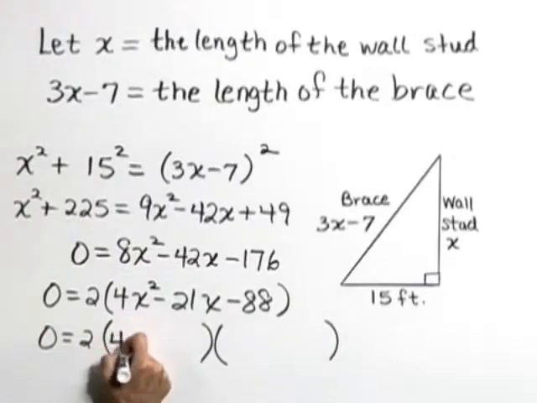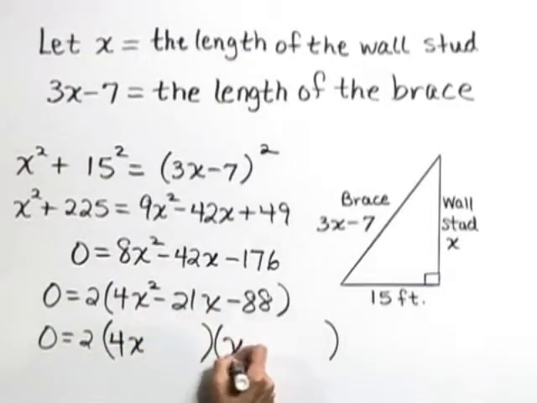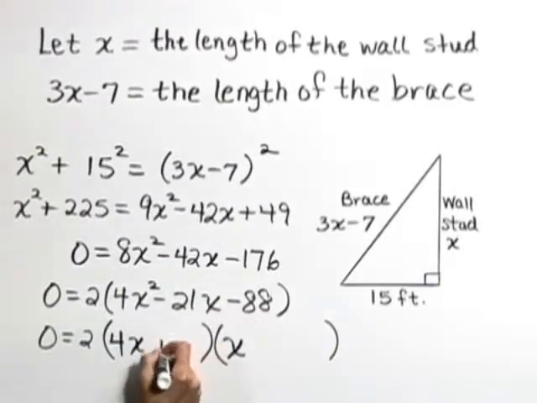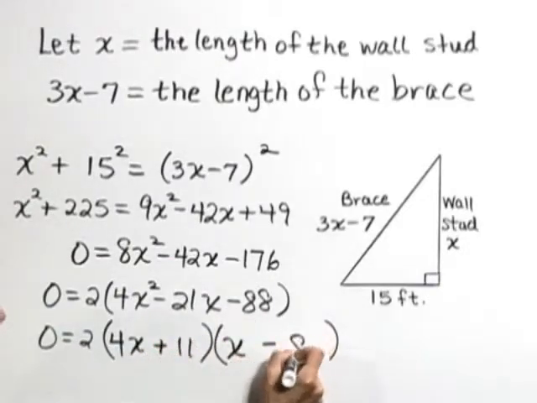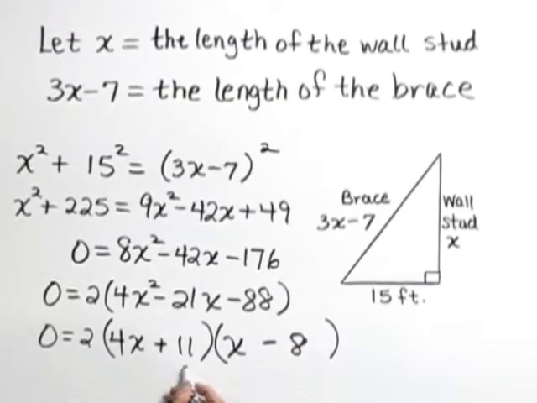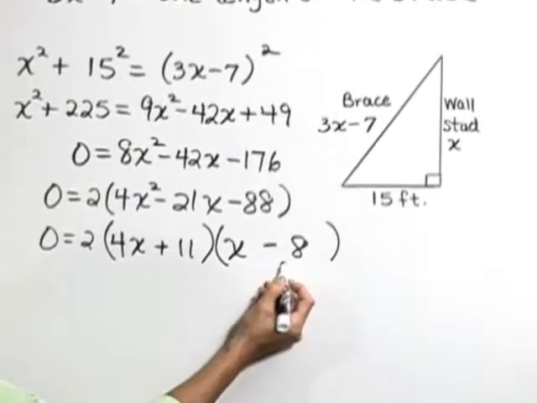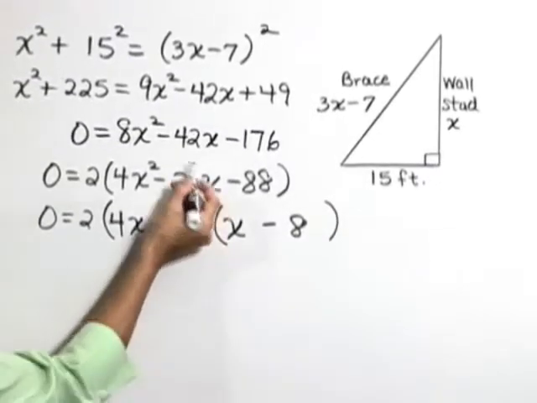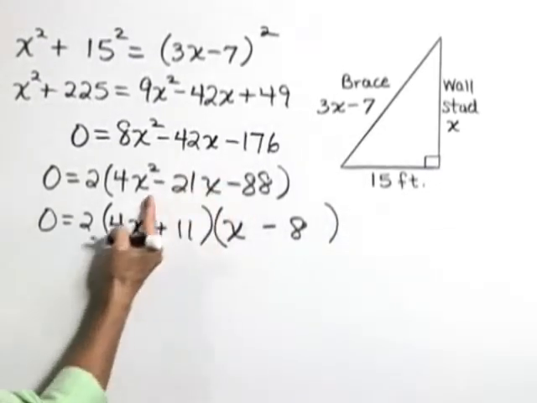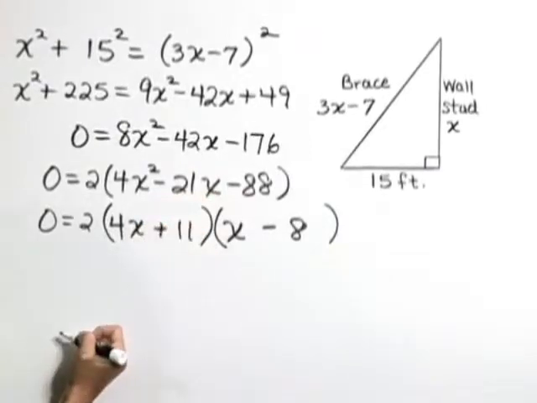Let's use leading terms, 4x and x. Now factors of negative 88 that will make this work are a plus 11 and a minus 8. Quickly checking our inner and outer products, 11x plus a negative 32x does give a negative 21x.